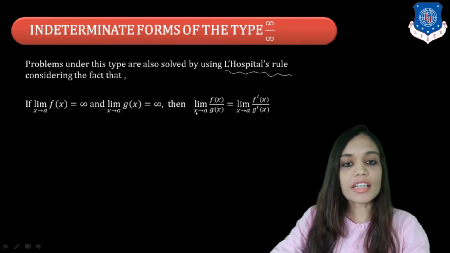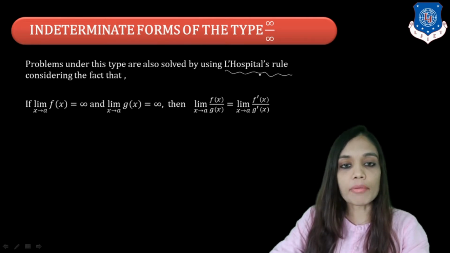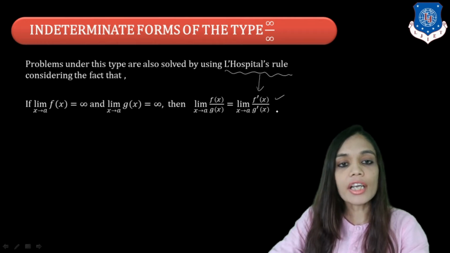Then limit x tends to a f of x upon g of x will be equal to limit x tends to a f dash of x upon g dash of x. Here again we are applying our L'Hopital's rule, that is we will do the derivative of numerator and denominator separately.